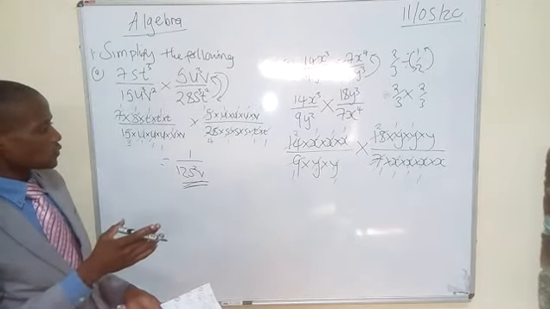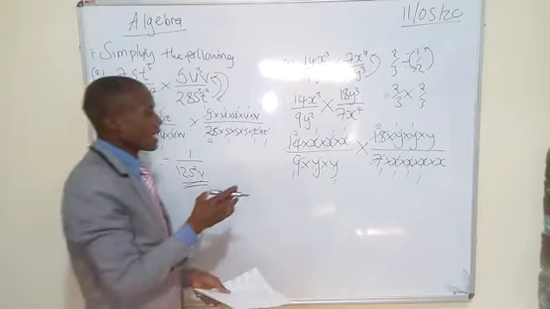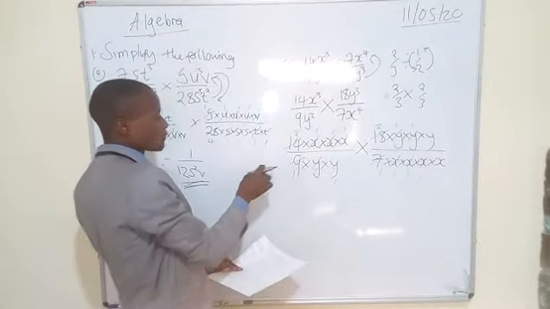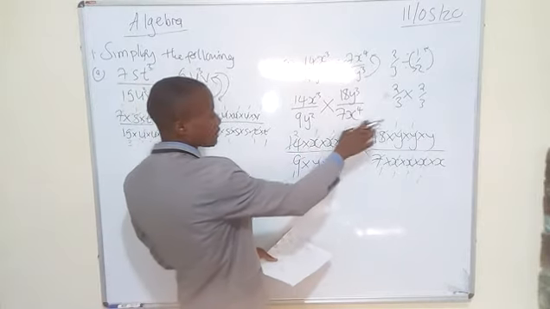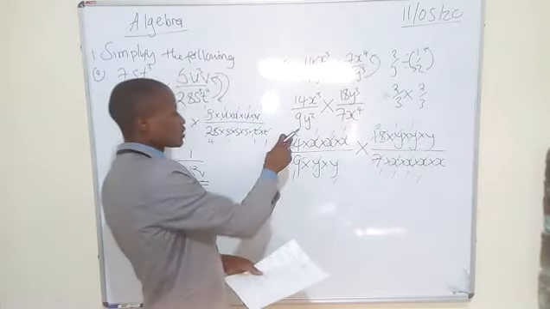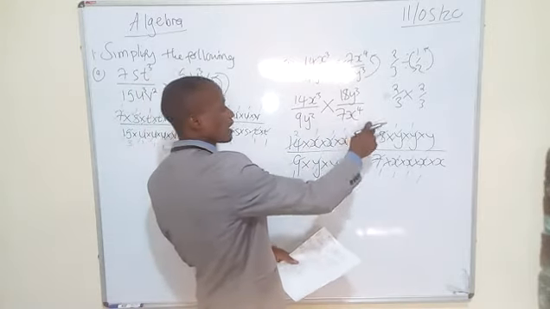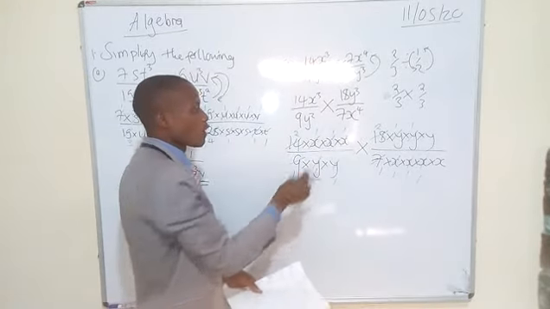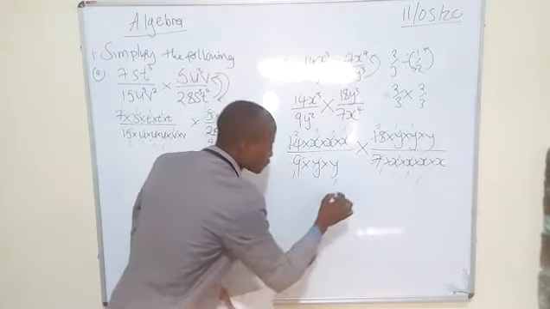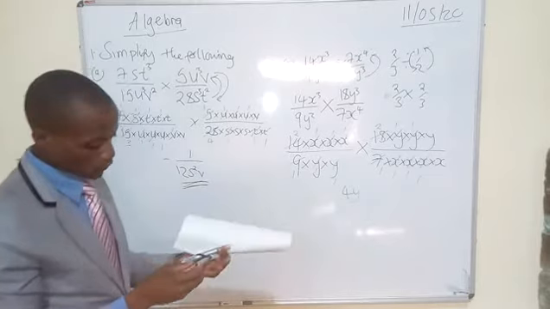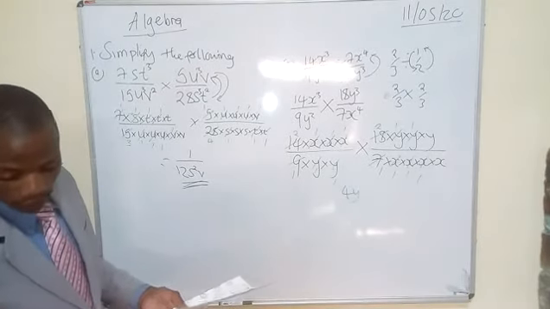After you do that, you multiply what you have remained with on top and write it down. We have 2, 1, 1, 1, 2, and y. 2 times 2 is 4, and 4 times y gives 4y.